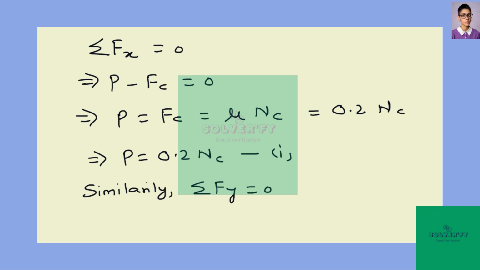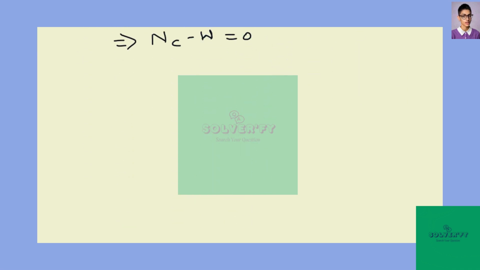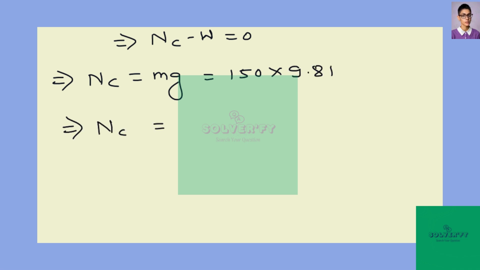Similarly, summation of Fy is equal to 0 or we can write Nc minus W is equal to 0. On going further, we will write Nc is equal to mg. So, putting the value of m and g here, we will get the value of Nc is equal to 1471.5 Newton.